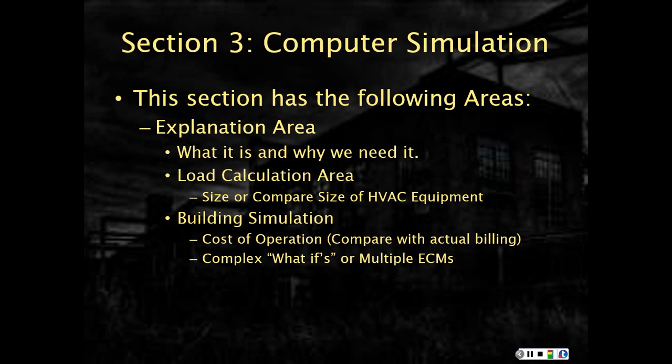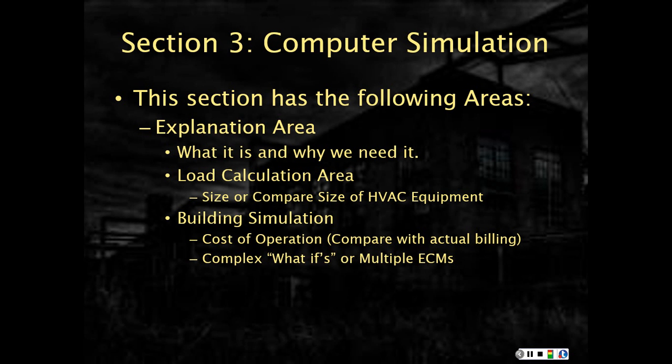What this allows us to do is actually compare with the real billing that we were given from the building owner and worked on in section 2. When we compare these two, we can get a feel for if our building simulation actually is close or accurately portraying what the building is doing.